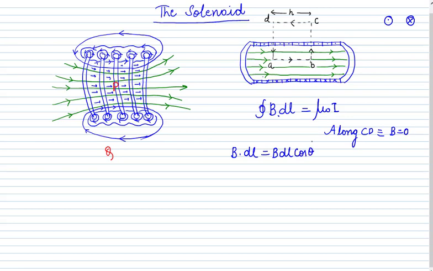Now the only thing left is along AB, where B dot dl is equal to mu naught I.